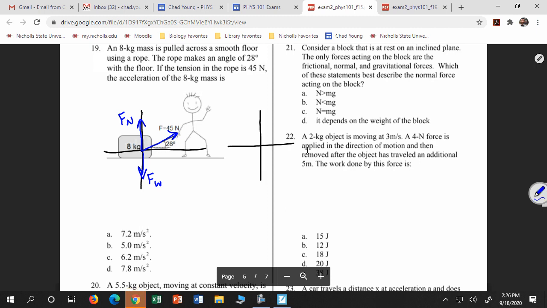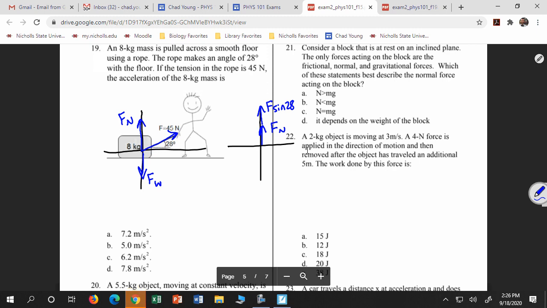Next, I have my normal force, Fn. I have F sine of 28. With the inclined plane, I did 90 minus the angle, but I don't do that here. Before, with the inclined plane, the angle gave you the angle between the y-axis and the weight, the angle of the incline, but here that's not true.